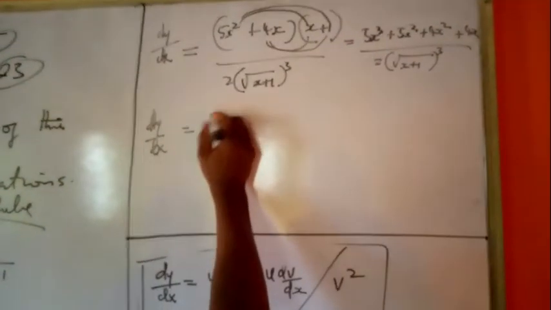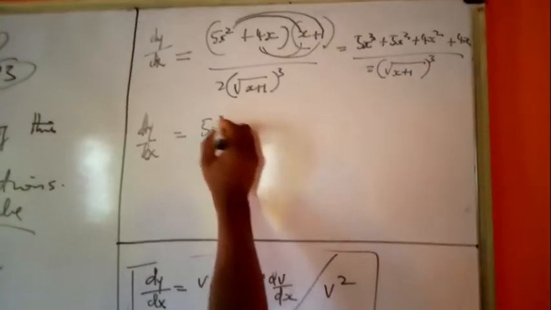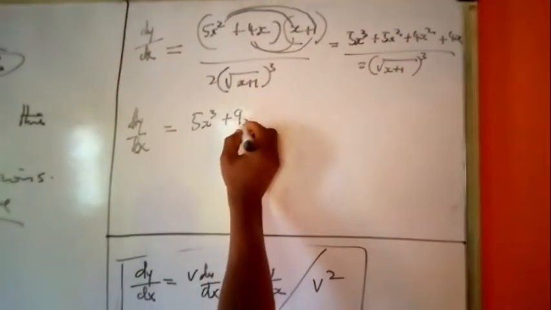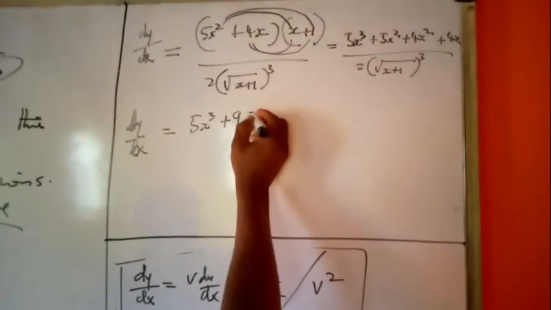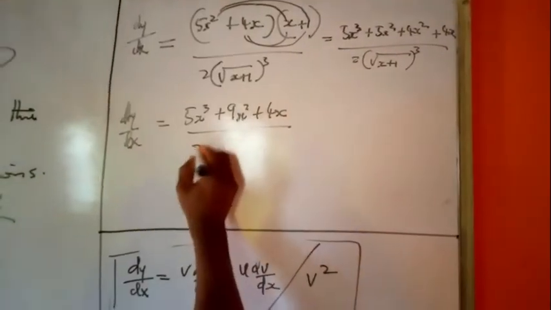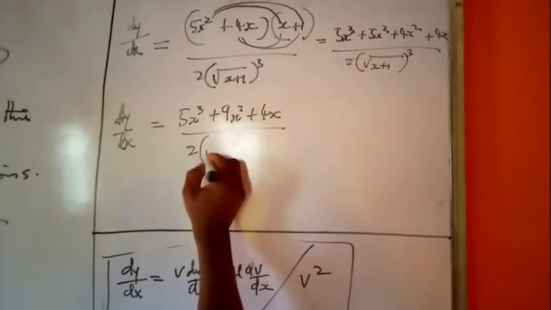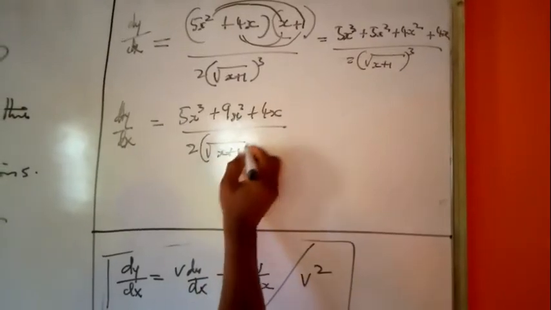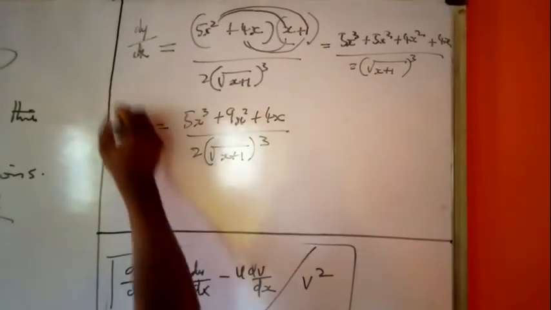So you have 5x raised to power 3 plus 9x squared plus 4x all over 2 into root x plus 1 raised to power 3.